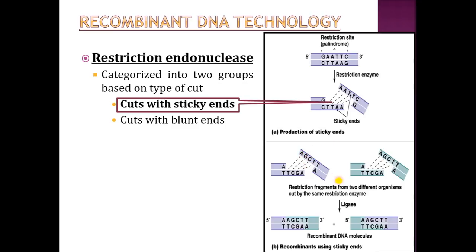You can see these are two different DNAs acted upon by the same restriction endonuclease enzyme. It produces the same sticky patches, and here you can see there is a change of fragments, so they bind with each other at the sticky ends.